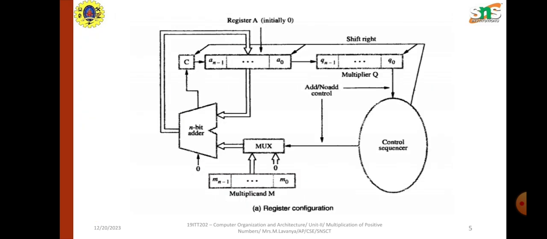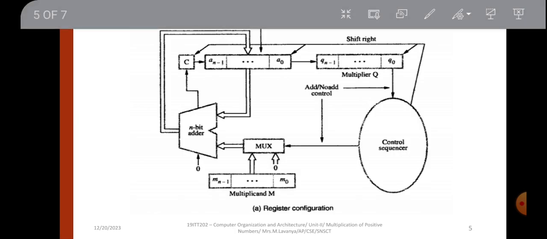This is the diagrammatic representation for performing the operation. As said earlier, we will be having M and Q. M is the multiplicand and the Q value is the multiplier, and based on the size of M we will be setting the accumulator, and we also have the carry.